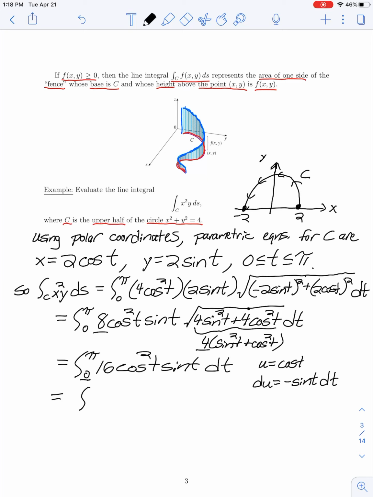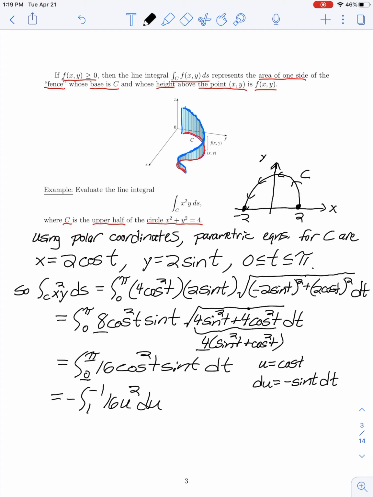For our lower value, when t is equal to 0, u, which is cosine of 0, is equal to 1. And when t is equal to pi, u is cosine of pi, or negative 1. And then we have a constant 16 times u squared. And now sine of t dt is the negative of du. So we have a du with a constant of negative 1 out in front.